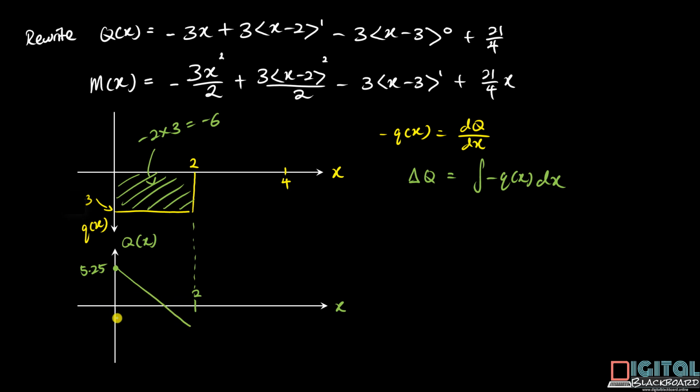Something like this, where this is actually 5.25 minus 6, which is around minus 0.75. So this is minus 0.75. And then beyond x equal to 2, there's no loading here, meaning that the gradient is constant and 0. Okay, 0 and constant.